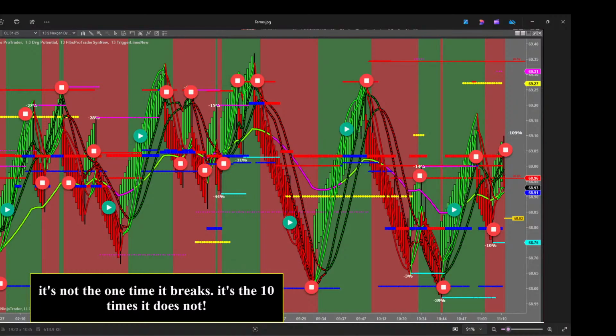This was crude oil. This was before Thanksgiving, I think. But there were 36 times that the rules for a termination condition turned the market and would have created a loser. There were 6 times where the area actually broke. 36 times loser, 6 times you get away with it.